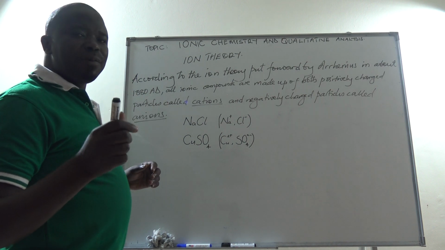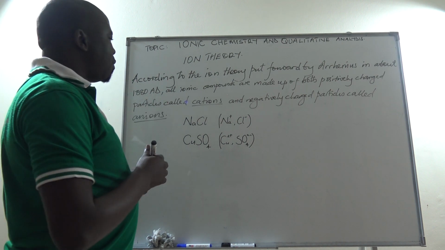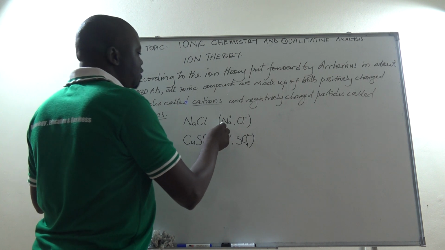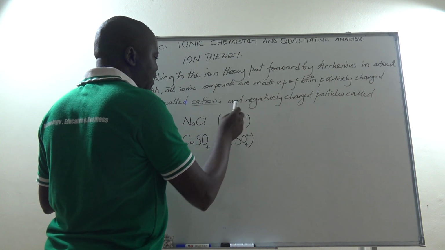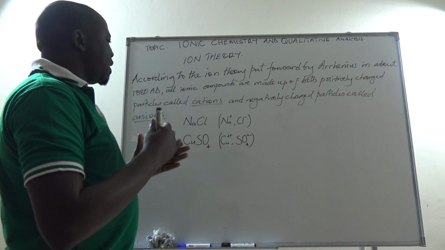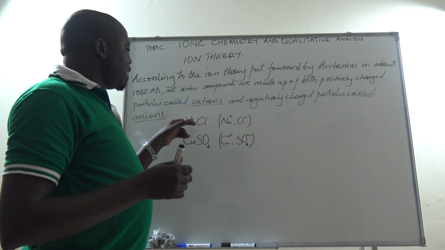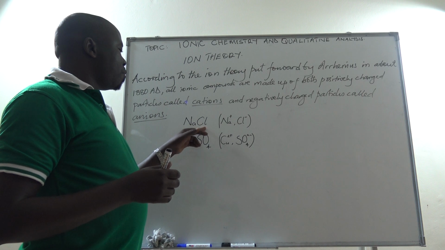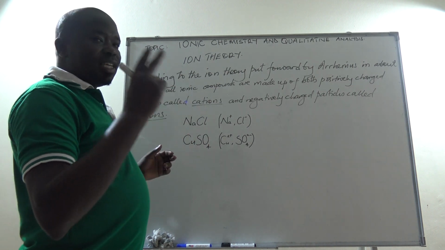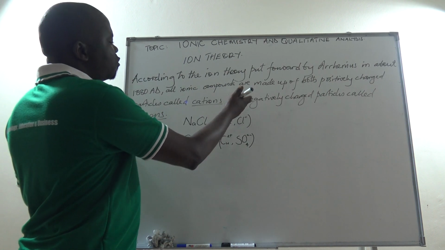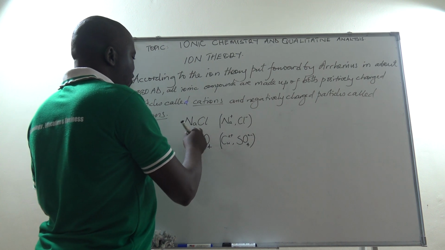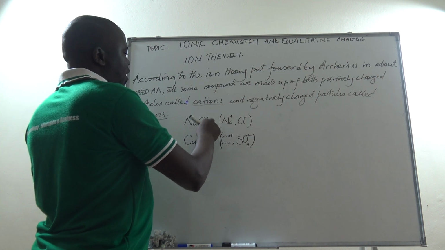Now there is one thing which is very interesting here, that much as the cation is positively charged and the anion is negatively charged, if you try to work out the number of positive charges and negative charges in a given ionic compound, you'll find that they are the same, and therefore they neutralize to give us a neutral ionic compound.